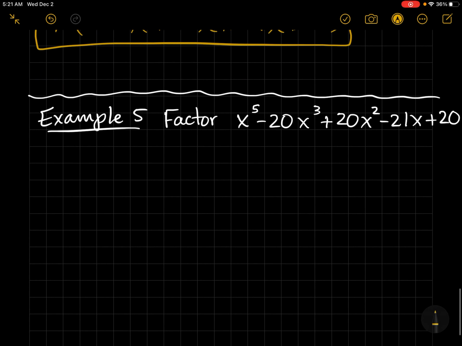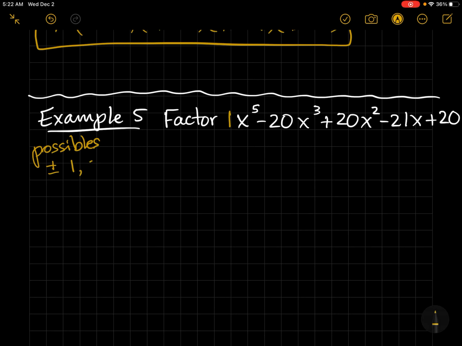Okay, let's do one last example, just so we can get some more practice. Okay, there's no GCF. My possibles, that's where I want to start. So that would be, oh good, and my leading coefficient is still 1.